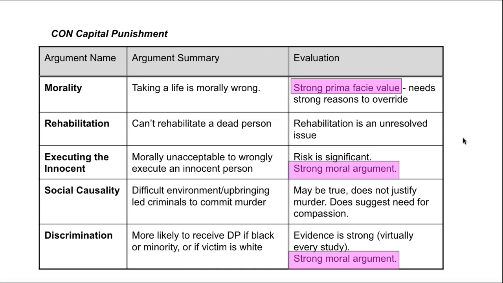Now, if we look at these arguments on the con side, the side against capital punishment, we see that three of them are really quite strong and somewhat based on ethics and morality.